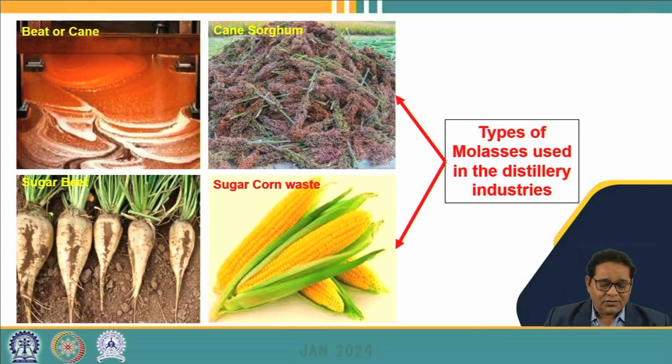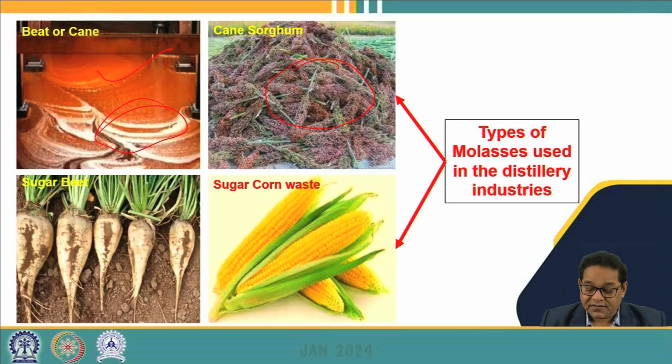So let's see how they look. The beet or cane molasses looks like a thick soup in the tank, and it is stored in molasses storage tanks. And this is another type of raw material, cane sorghum, which is used to derive the sugar content.